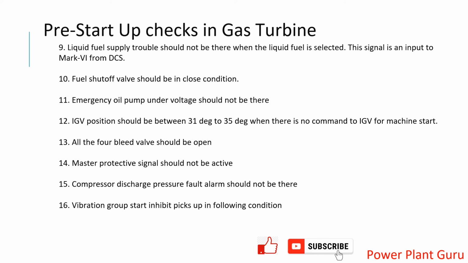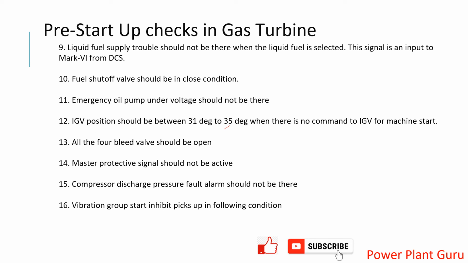It should be at the minimum position so that whenever you start your machine, a very high quantity of air is not going into it, and you need your IGV at minimum position to make your flame and everything sustainable, and for your startup sequence to go forward. That is why the IGV position has to be minimum.